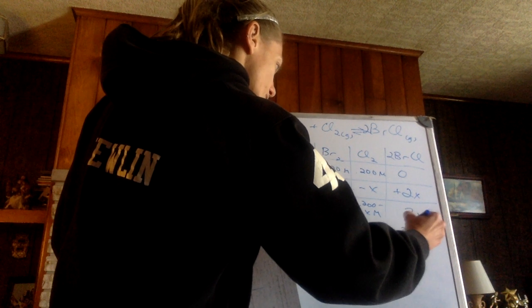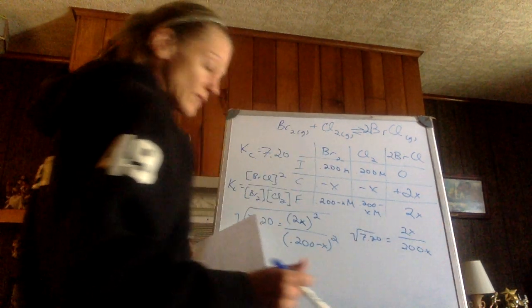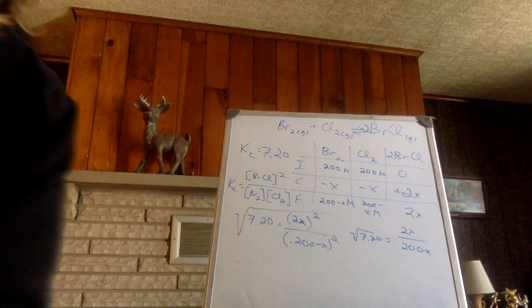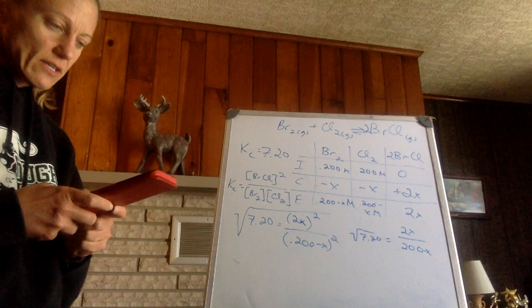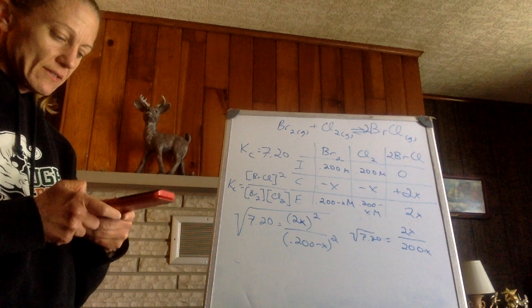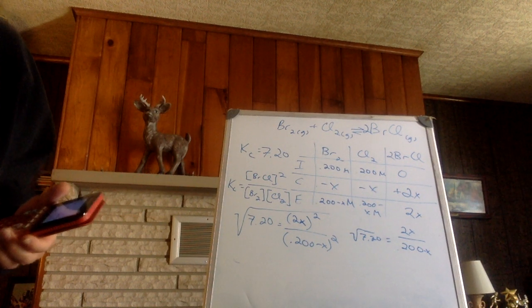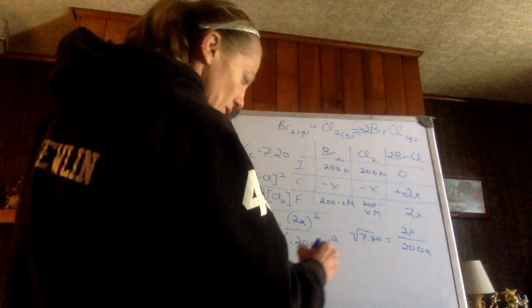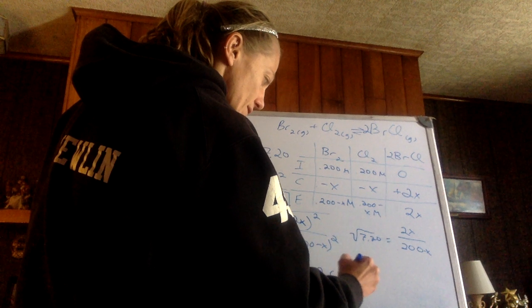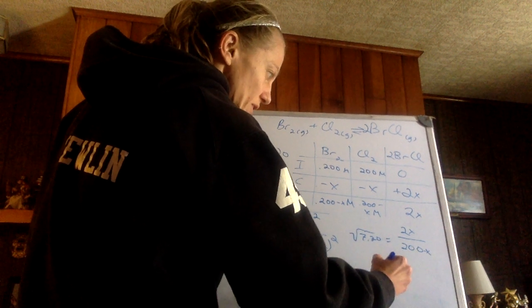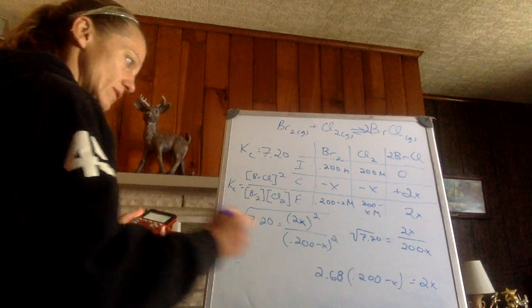Following from here, my square root of 7.2 is going to be 2.68. So this is going to be 2.68 times 0.200 minus x equals 2x.